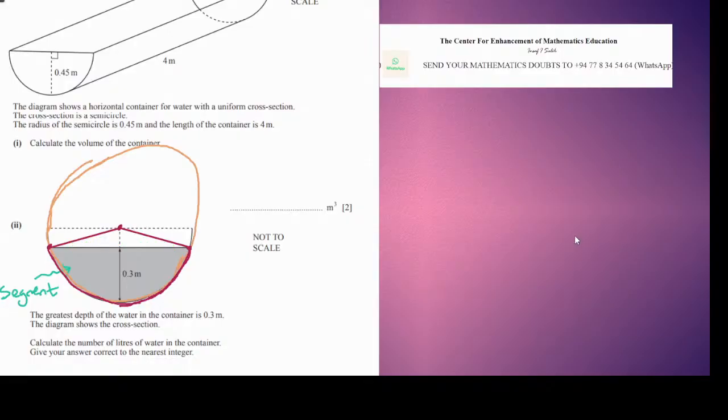So to find the area of the sector, I got to know what's the angle here. What is the angle that is at the center? So how do I figure out that? We have been told the radius of this half cylinder is 0.45. So what does that mean? This red line here is 0.45.